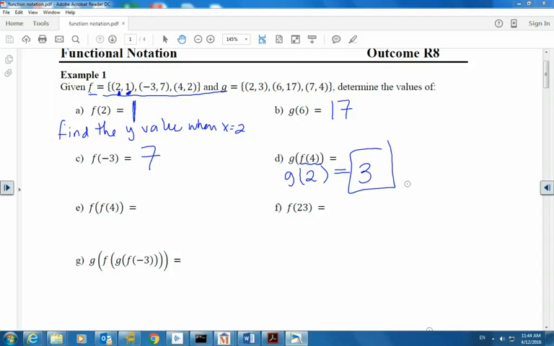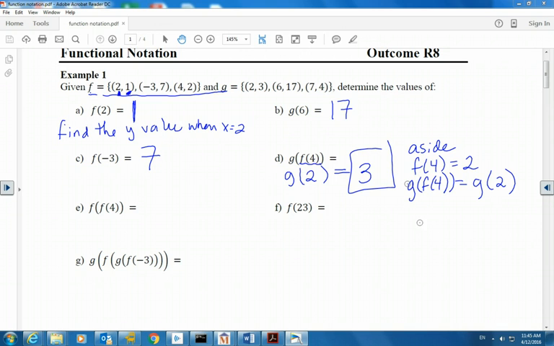Okay. So what you could do is you could write on the side, you could say aside, f of 4 is equal to 2, and then g of f of 4 is equal to g of 2. Okay?